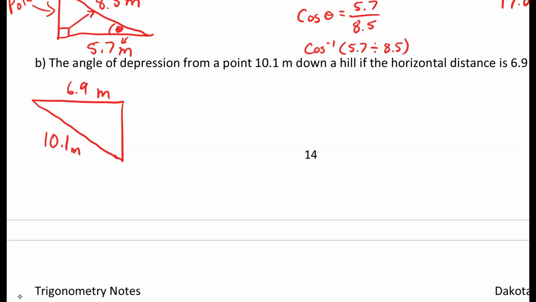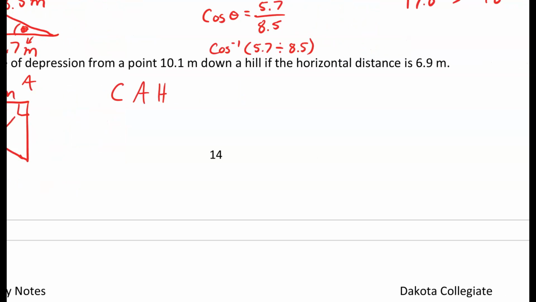Now remember, that depression angle is going down, so our theta is going to be right there. Our 90 degrees would be here, meaning that is our hypotenuse, and the angle here is going to be our adjacent. So we have our adjacent and our hypotenuse, which means we're going to be using CAH, cosine equals adjacent over hypotenuse.